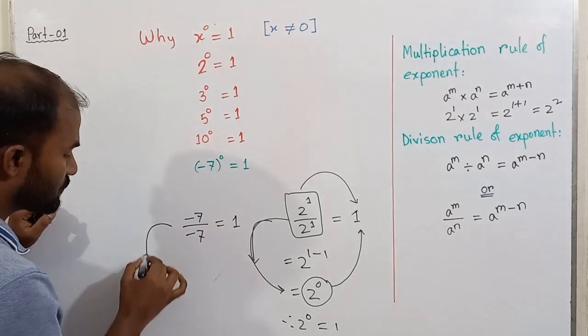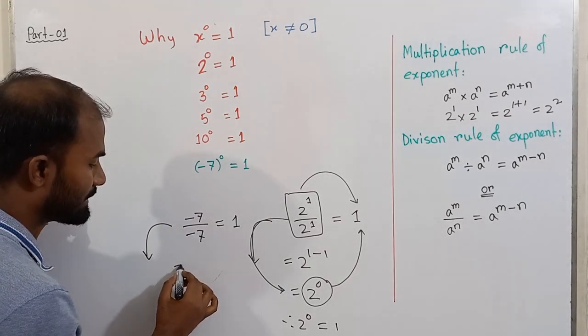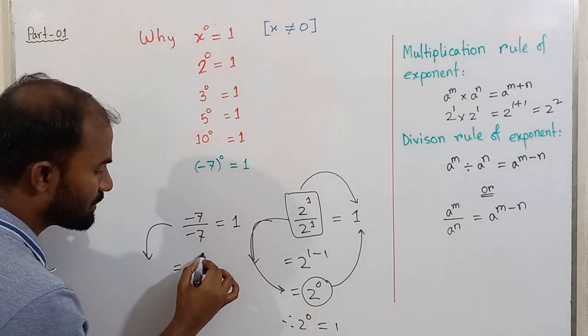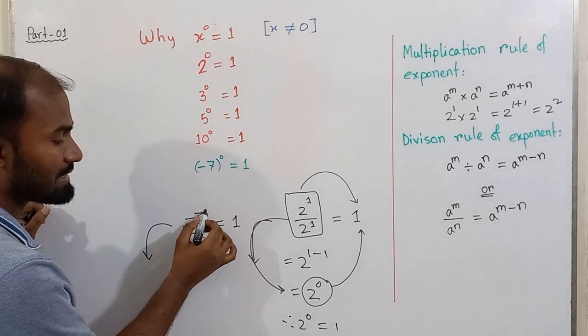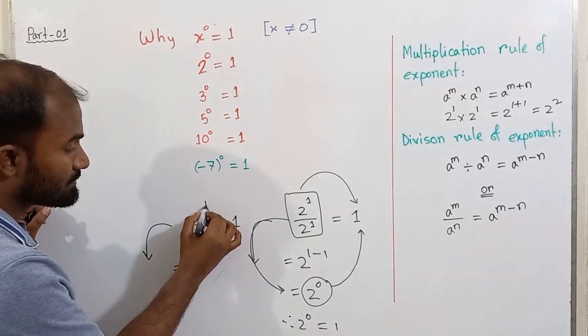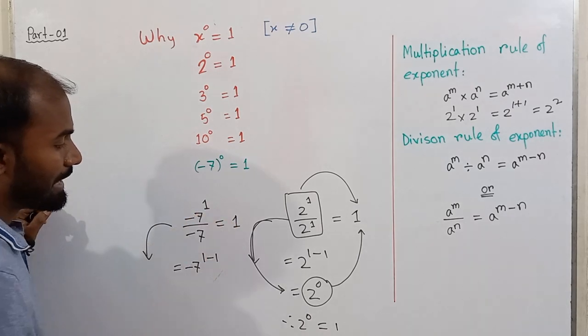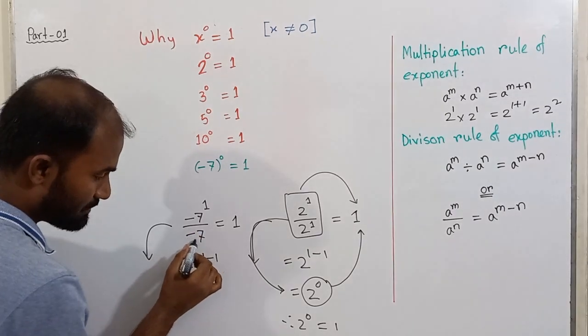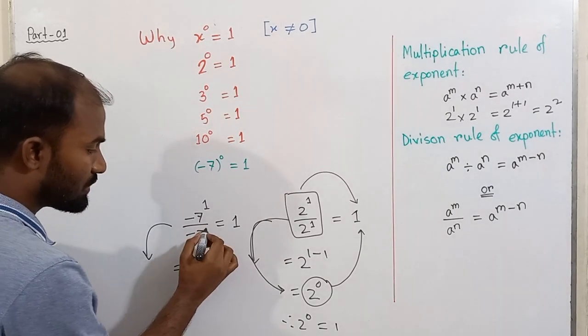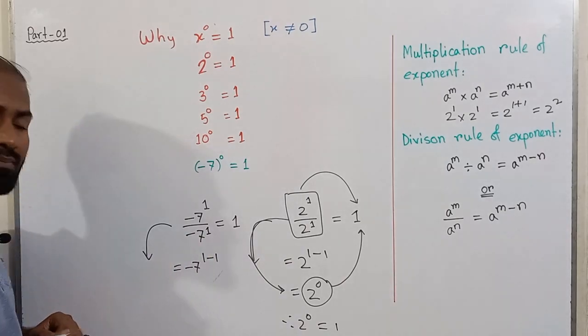If we go down, we'll get -7 to the power 1 minus 1, because -7 has 1 as its power, and this -7, I mean this one, has also 1 as a power.